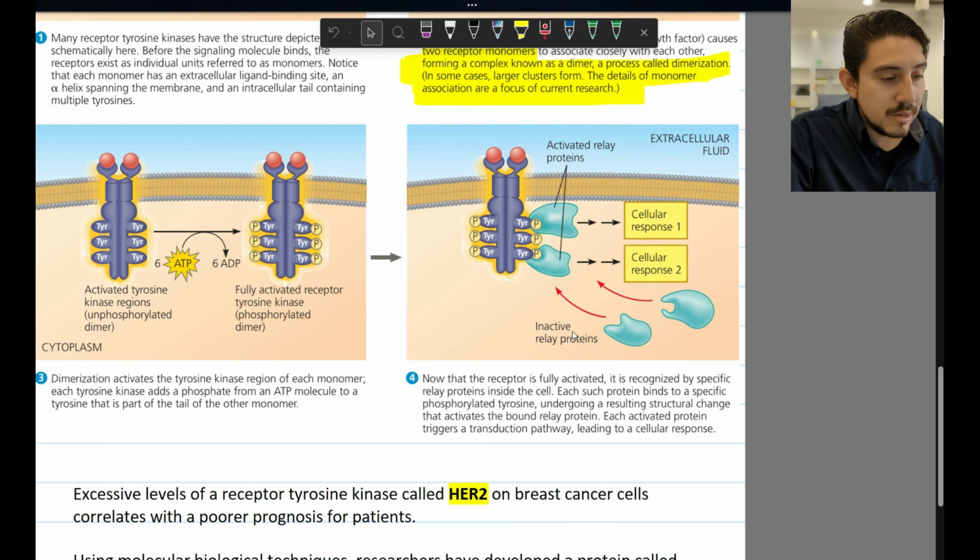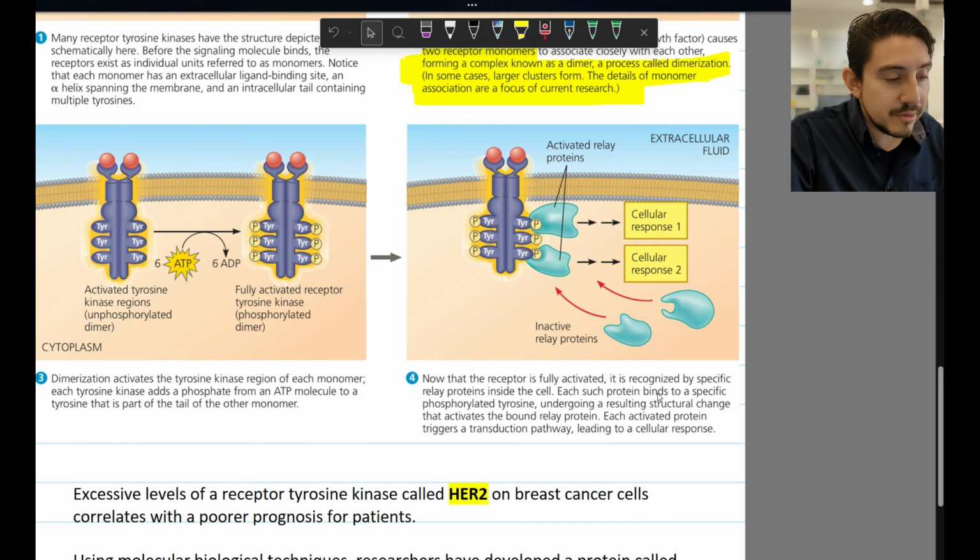Okay, so you have relay proteins that are in inactive form, and then as they bind to a tyrosine that is phosphorylated, they activate and induce a cellular response again.